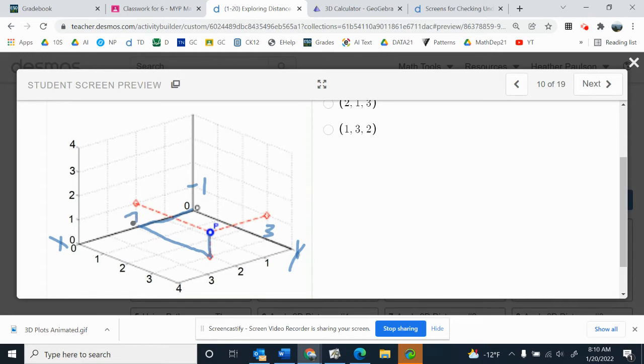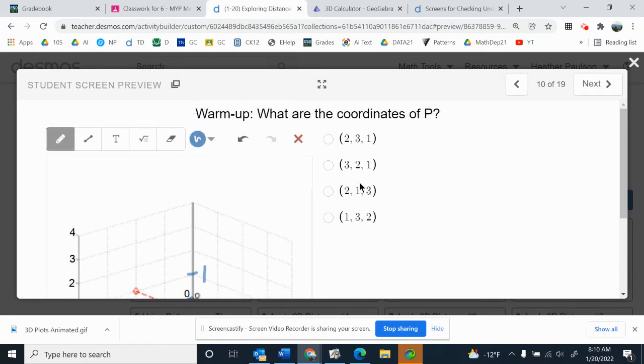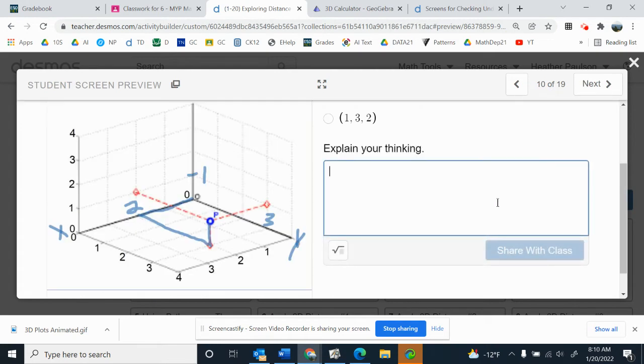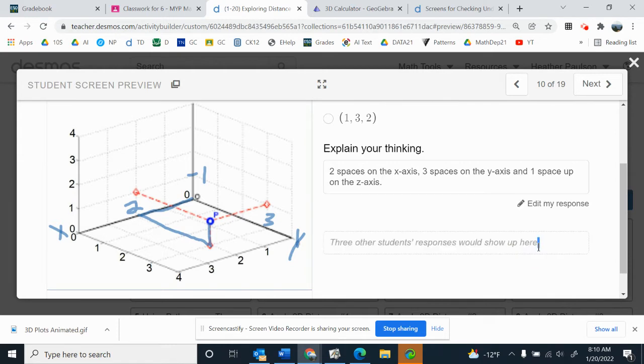So we need to find 2, 3, 1. There it is right up at the top. 2 spaces on the x-axis, 3 spaces on the y-axis, and 1 space up on the z.